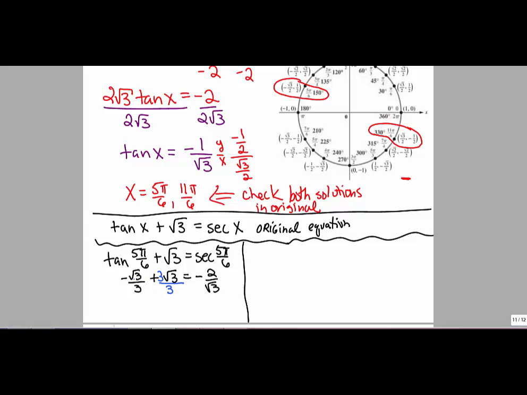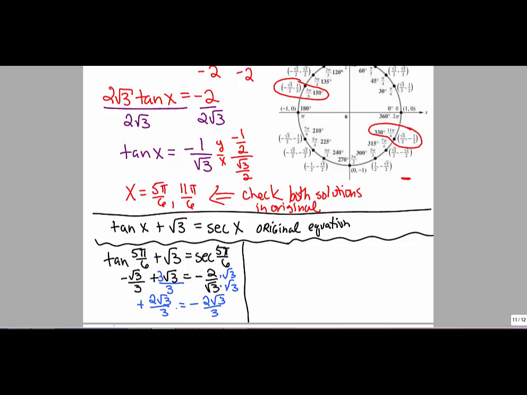And when we add these two together, we get 2 square root of 3 over 3. And notice that that is a positive value. On this side, if I was to rationalize to make both sides look equivalent, we would get negative 2 square root of 3 over 3. And these are obviously not equal to each other. They are different by a sign.